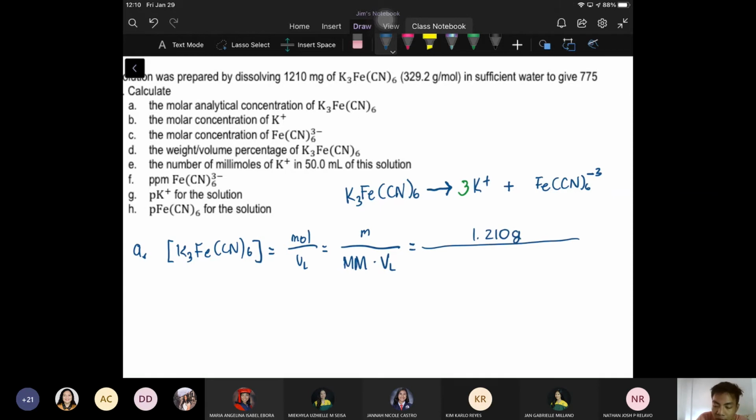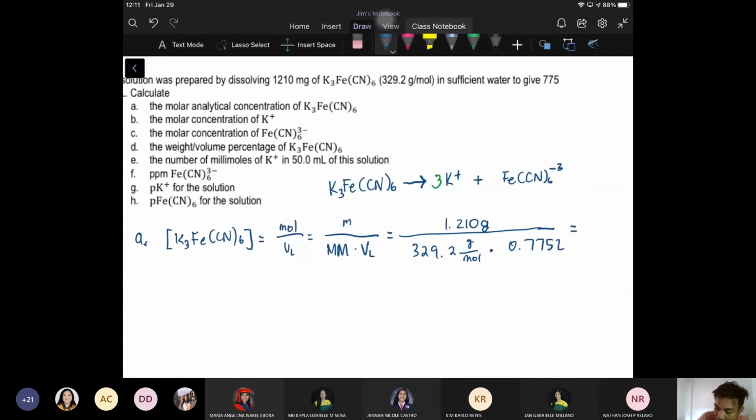So just divide by 1,000. The molar mass of the salt is given. So 329.2 grams per mole. Again, kapag given yung molar mass, yun na yung gamitin niya. Volume of the solution in liters. So we have 775 ml. So that's 0.775 liters.